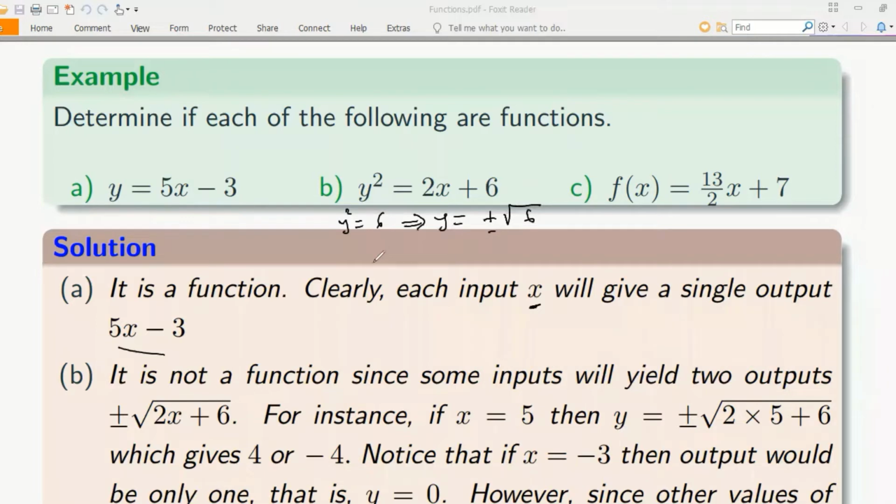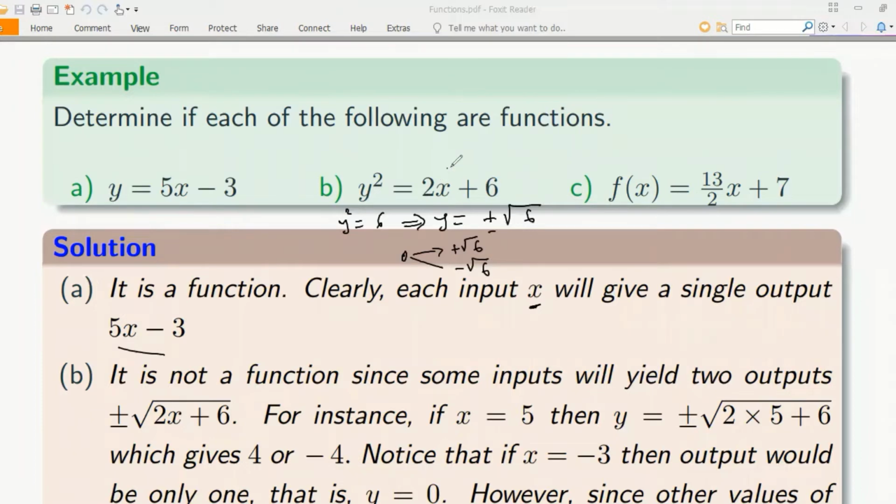That means the input of x that I put, which was 0, has two images. One of the images is positive root 6, and the other is negative root 6. So this single object has two images.